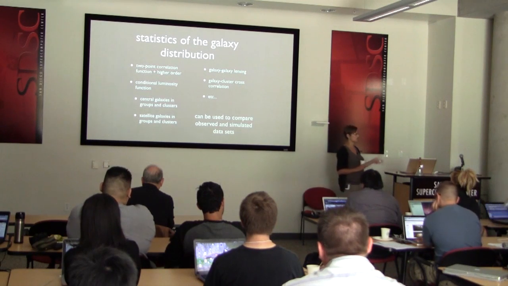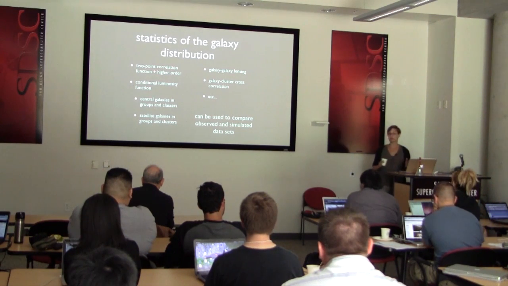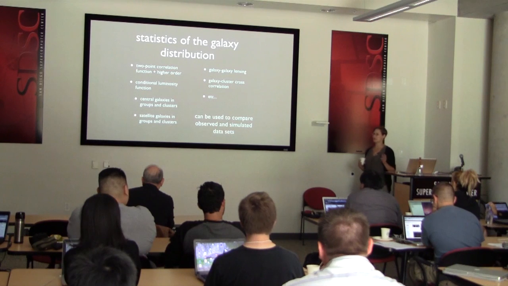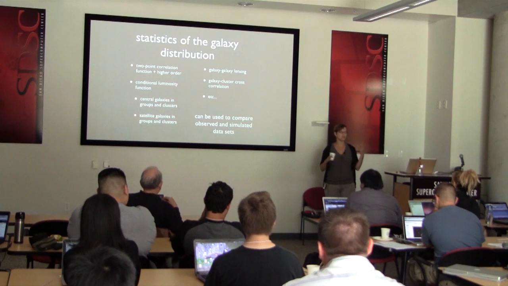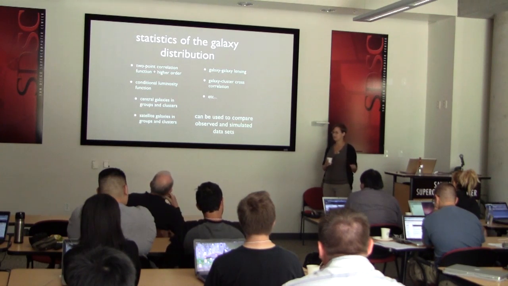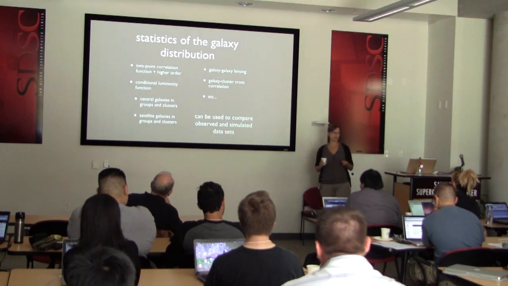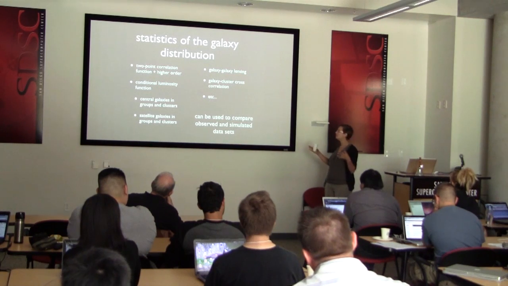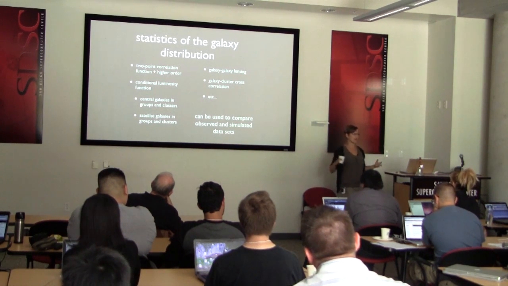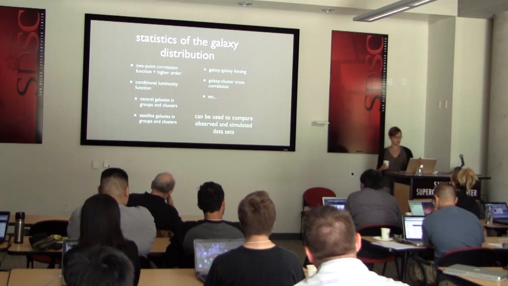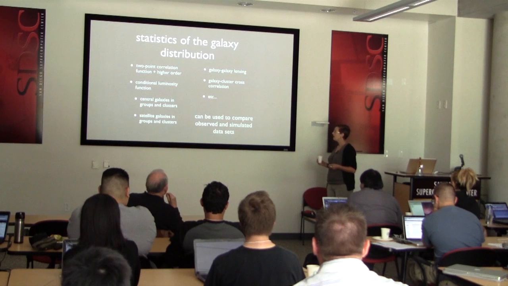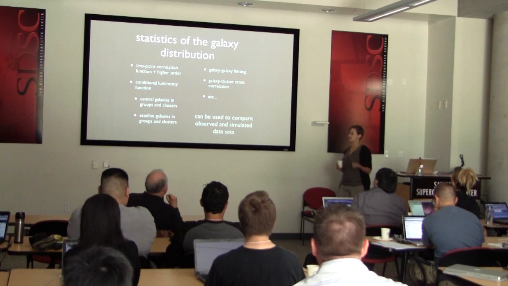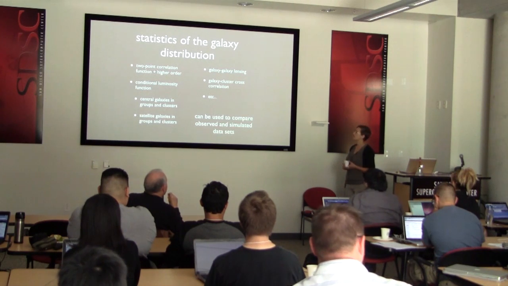Does it have the right distribution of colors? And those really basic statistics are still extremely hard to get right in models that are sort of based on fundamental physics. In a hydrodynamical simulation, you can't yet do a cosmological volume and get all of those really basic statistics right. And that's why I personally have been driven to spend more of my effort on these more empirical models where we can test those and then use them to infer the more physical properties.